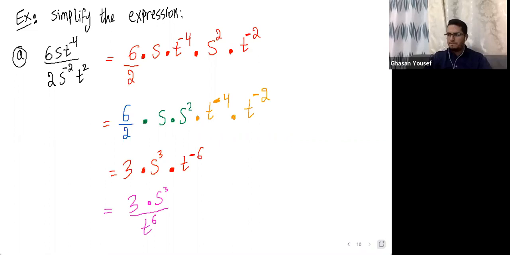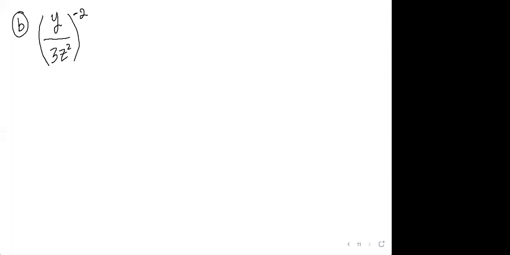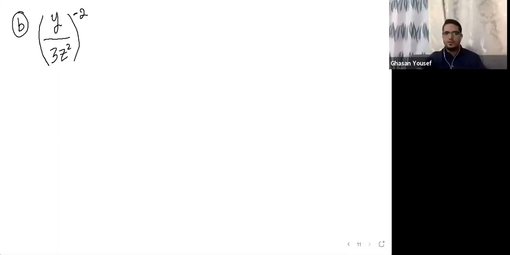Example B, simplify y over 3z squared, everything to the negative 2. Who will do this one? Any idea, how can I start for this? Here we have negative. So how can we start?